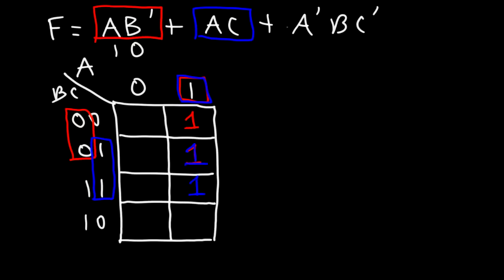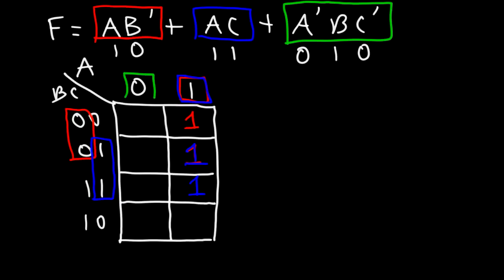Now for the next one, we have A prime, B, C prime. I forgot to put 1, 1 for that. Now for A prime, we're going to write 0. For B, we're going to put 1. For C prime, we're going to write 0. So A is 0 in the first column, and B is 1 here, and C is 0 here.